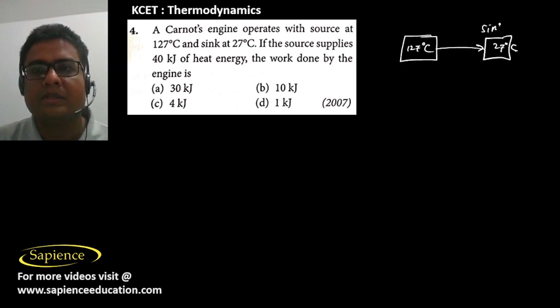So this is the sink and this is the source. If the source supplies 40 kilojoule of heat energy, then the work done by the engine will be how much?